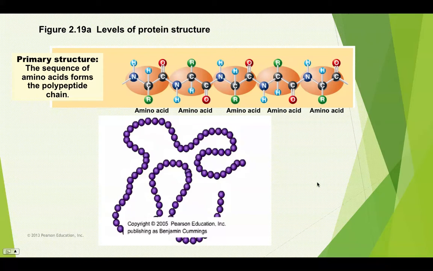Remember, proteins are quite complex, and they have different levels of structure. The first structure, or primary structure, would be the sequence of amino acids that forms a polypeptide chain. So it's which amino acids are used in order to make this polypeptide chain.